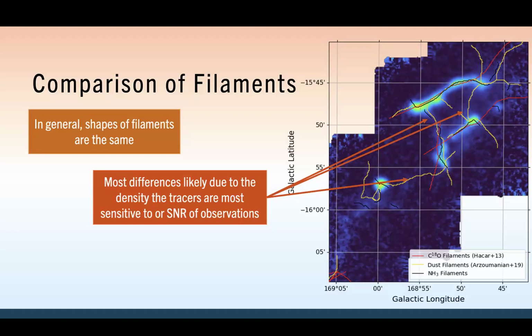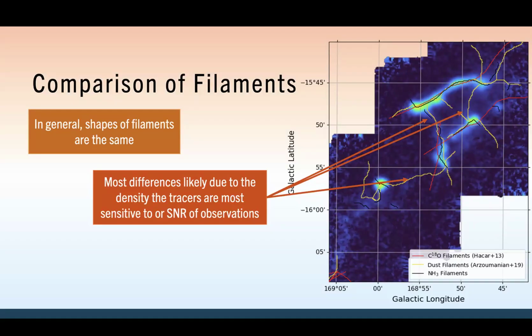Some of these differences are pointed out here, where in the dust, we do connect this isolated core to the rest of the B10 structure. In the dust, we also see these little filaments that come and cross between the redder filament up here and the bluer one down here.